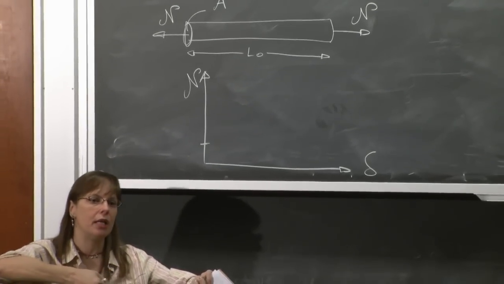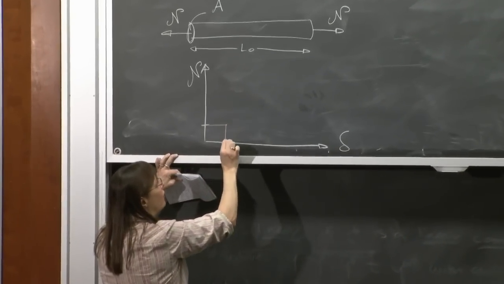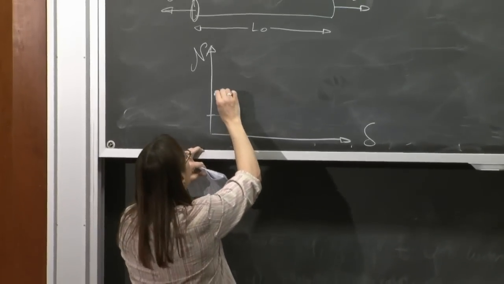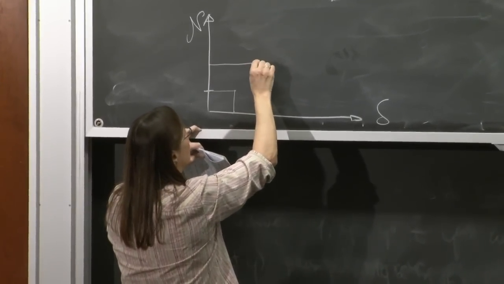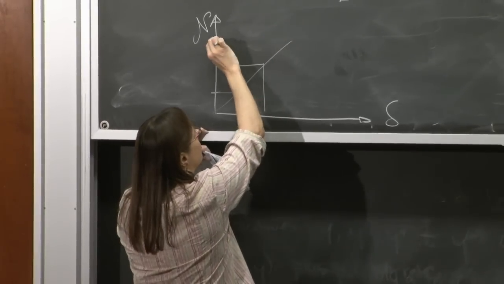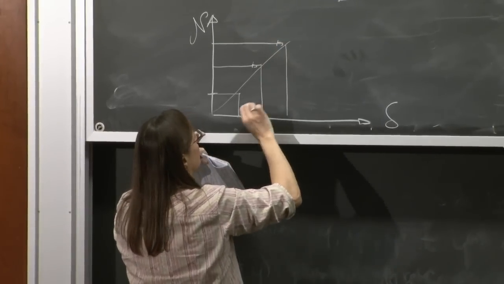I start pulling a little bit, and I find it gets a little longer. So I find some elongation. Then I pull a little more. Well, guess what? My elongation goes up. And if I continue pulling, I pull more, I find that it gets longer.